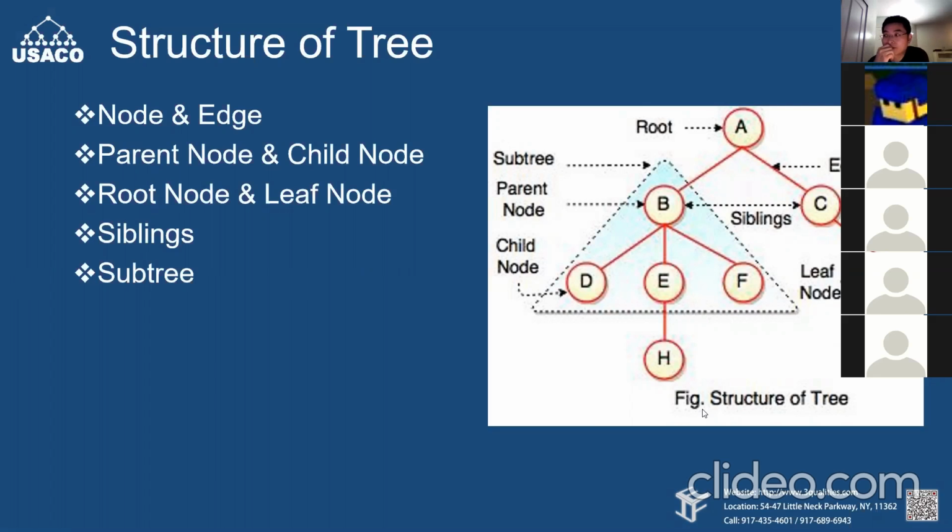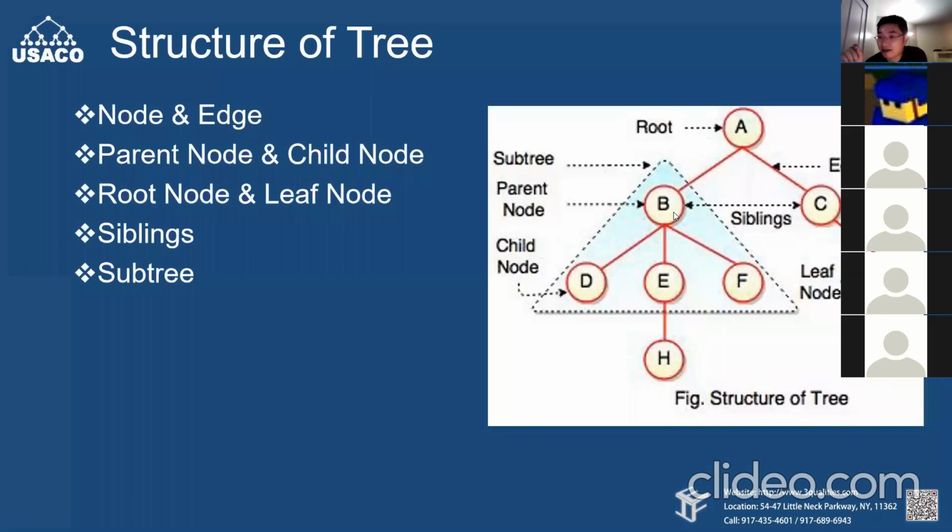Child node? Child node, okay, then B is also a child node of A, right? E is also a child node of B, right? But they're not leaf nodes. Think about a tree. You have a tree, you have different branches, and on the branch we have a leaf. So a node we call a leaf node, which means what?